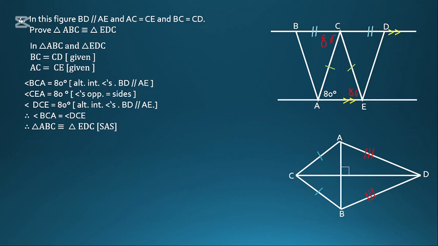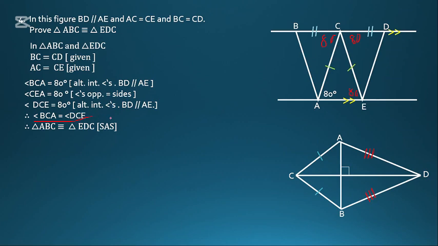Then thirdly, you're not there yet. Now you say that DCE is equal to 80. Right? Alternate interior angles because of BD that is parallel to AE. Now you get to the third element of our congruency. Therefore, BCA and DCE, they are equal.